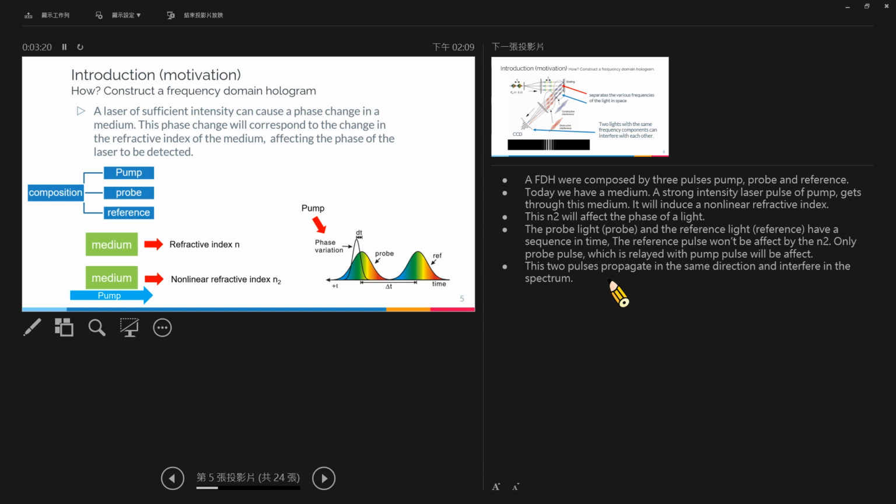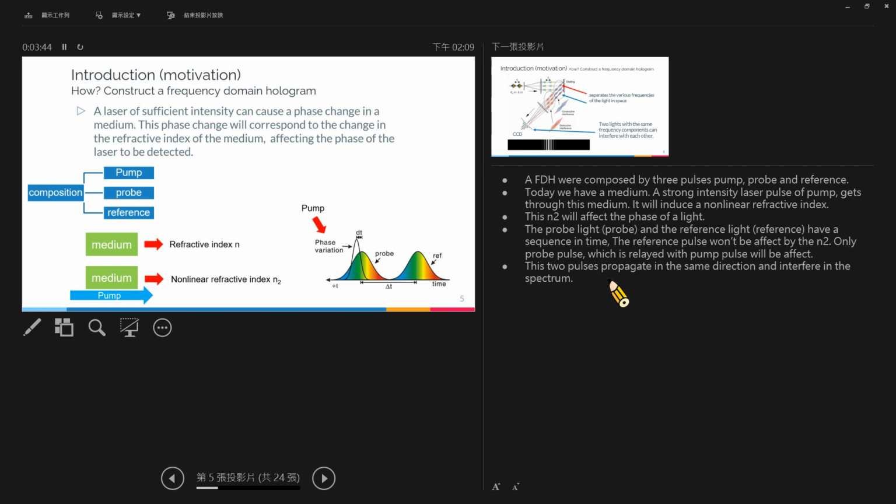Today, I will have a medium here, and it will have a refractive index of n. And when a strong intensity laser such as the pump pulse gets through this medium, it will induce a nonlinear refractive index of n2. So I will have three pulses: the reference pulse, the probe pulse, and the pump pulse.